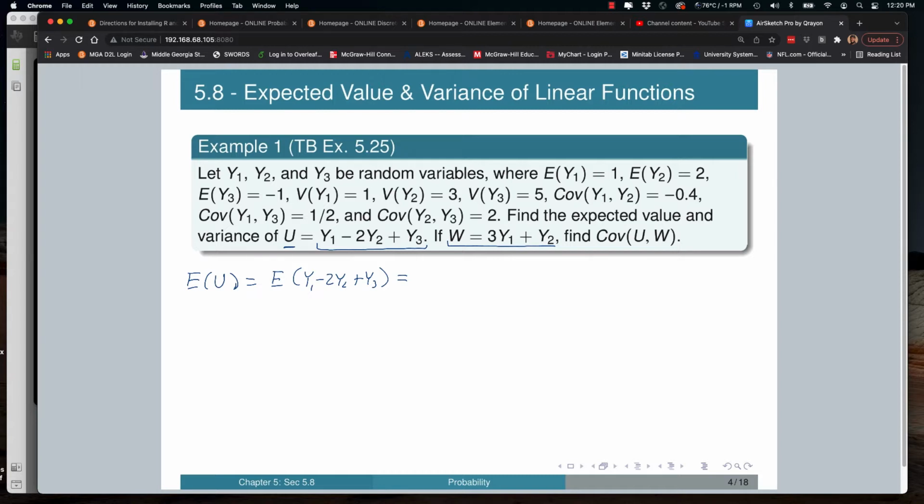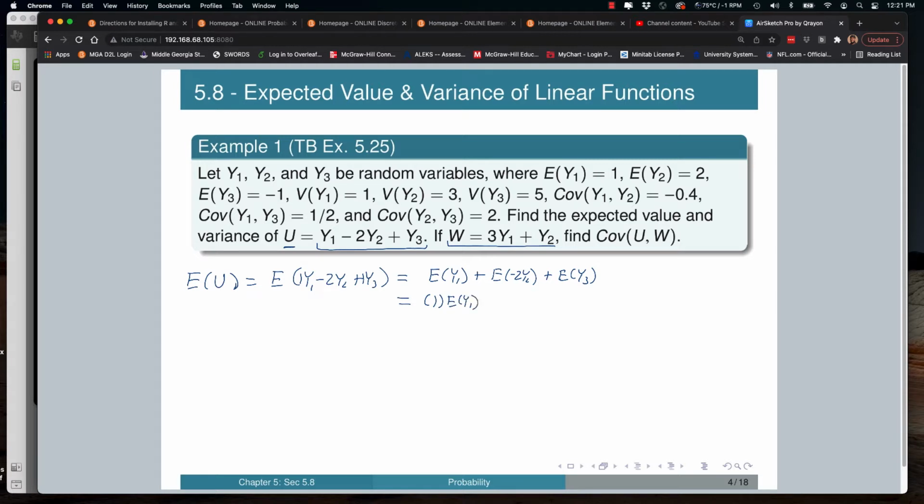So this is saying the expected value of y sub 1 plus the expected value of negative 2y sub 2 plus the expected value of y sub 3. The y sub 1 and y sub 3 don't have a number out in front, but they're 1, like we have always treated anything. There's always a 1 out in front. So literally this is equivalent to 1 times the expected value of y sub 1.